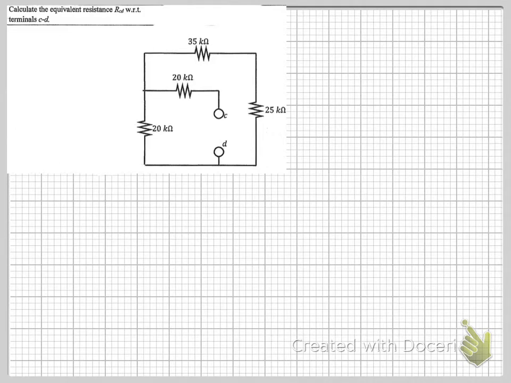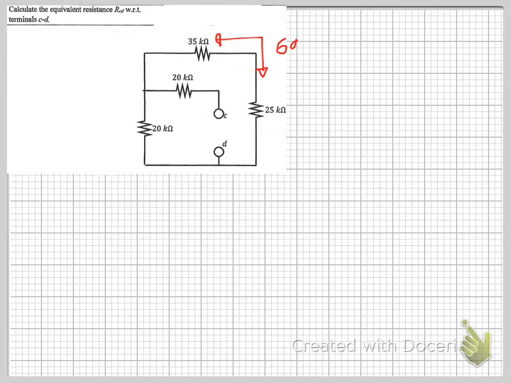Okay, so you can see that the 35 and the 25 here are in series, giving you a total equivalent resistance of 60 there. And then now we'll just look at the nodes.